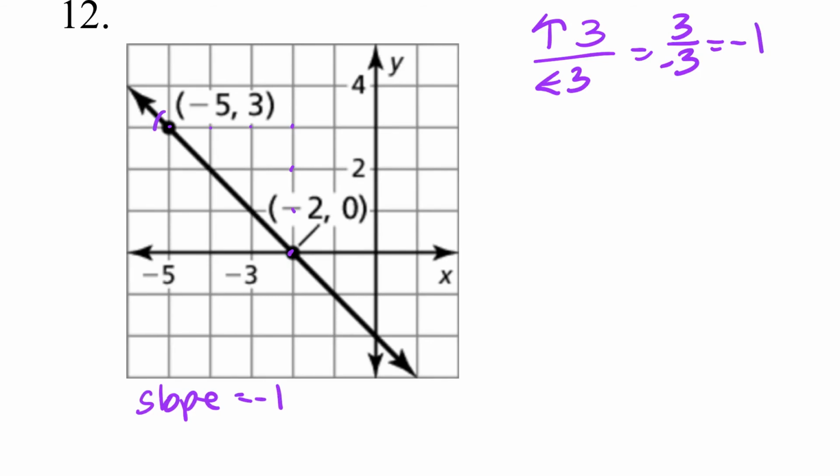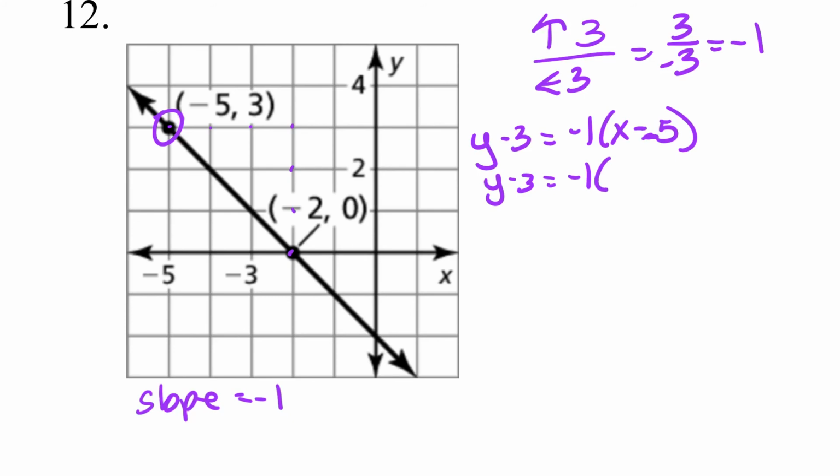So my equation, I'm going to first start with this point. Y minus 3 is equal to negative 1 times x minus negative 5. So y minus 3 is equal to negative 1 times x plus 5. Could also write it with this point, negative 2, 0.